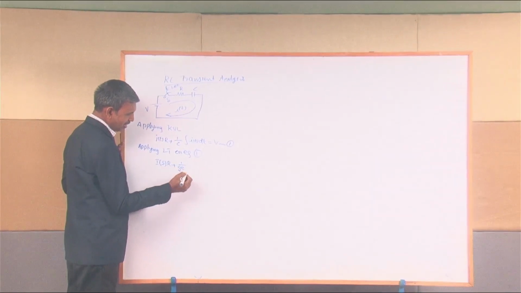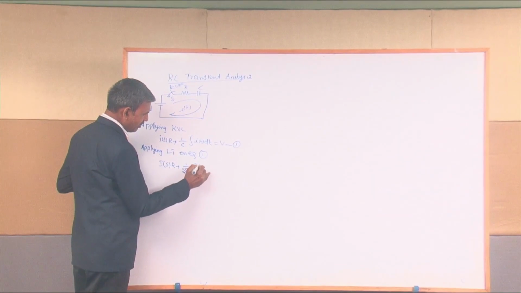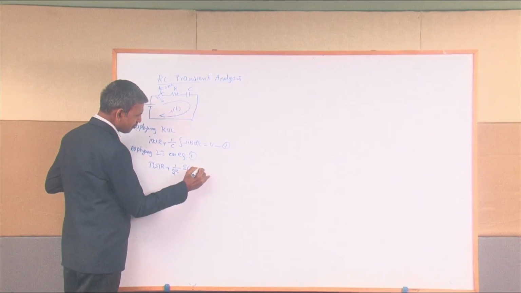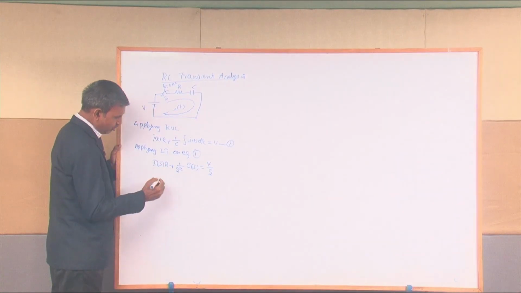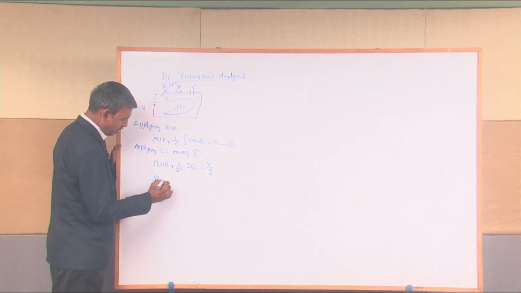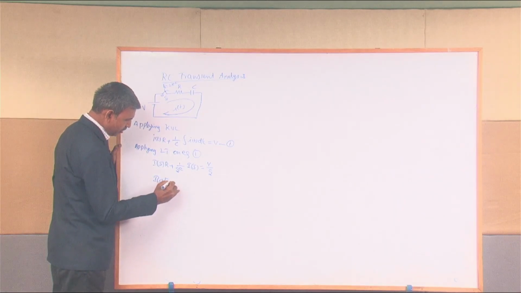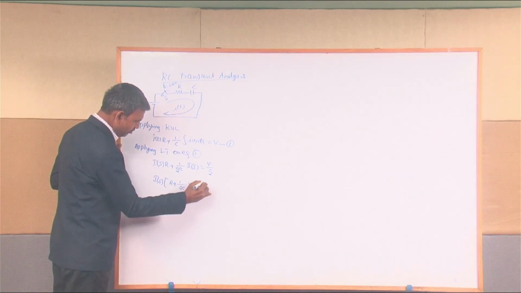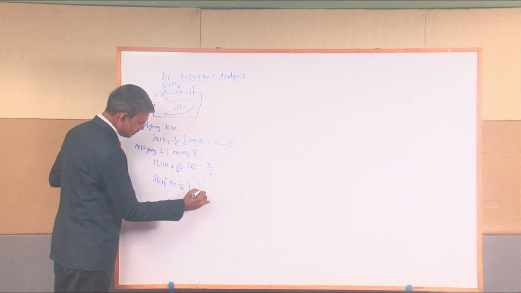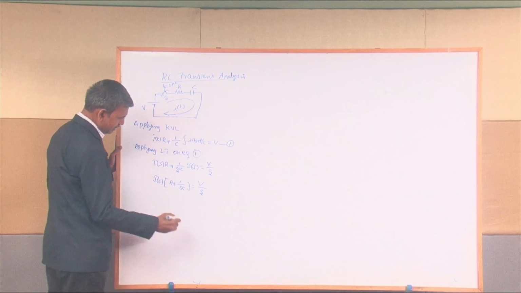So, 1 by sC into I of s is equal to V by S. In these two terms I of s is common, so we can take it outside: R plus 1 by sC is equal to V by S.